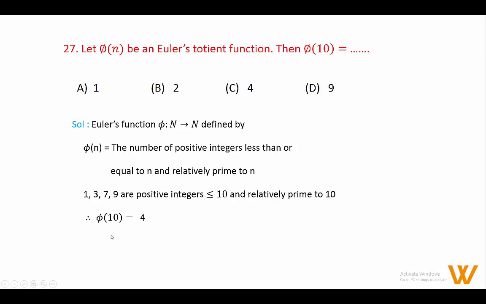Therefore phi(10) is equal to 4. So answer is option C, 4.